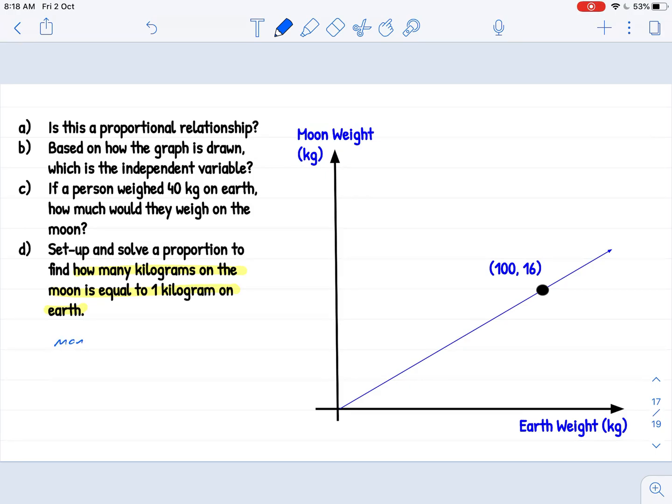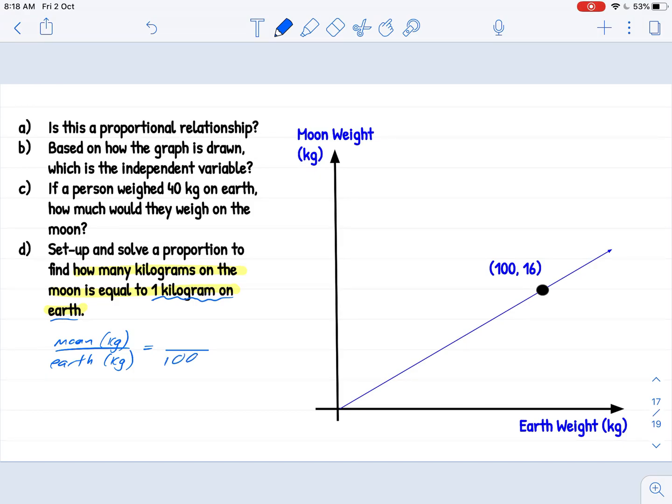The moon, I'm going to put the moon weight on the top and the Earth weight on the bottom. The reason I'm putting the Earth weight on the bottom is because you want to try to figure out the 1 kilogram on Earth. When we're working with like ones or units, it's usually nice to have those on the bottom. If you did it the other way around, it's fine, okay? But that's probably where I would have set up.